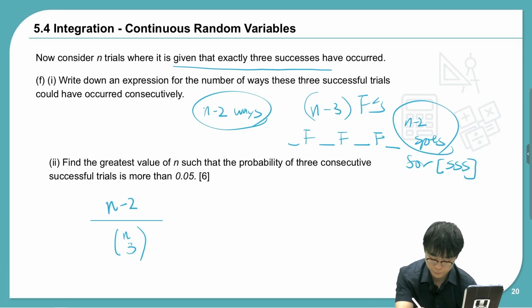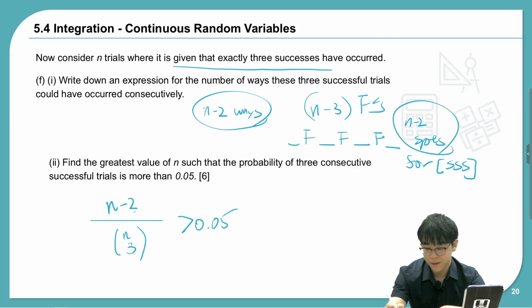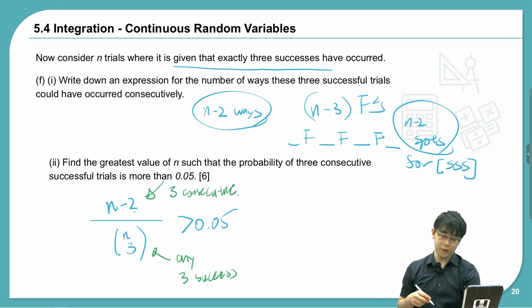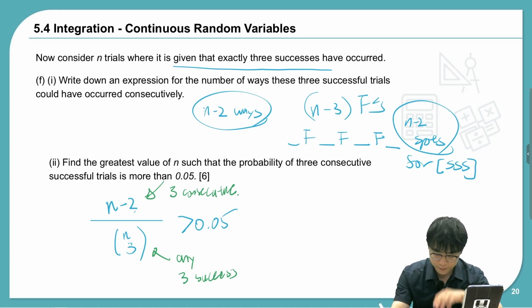So the total number of ways in which we can get 3 successful trials is this one, right? And then this would be the consecutive trials. So we want this to be greater than 0.05. Right, so this is just any 3 will be successful. This will be 3 consecutive successes. So this proportion has to be greater than 0.05.